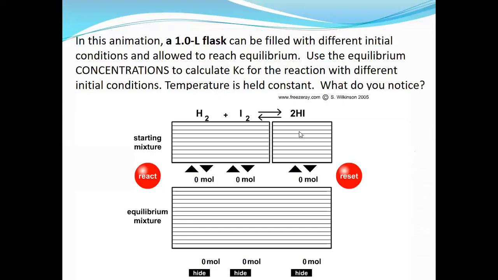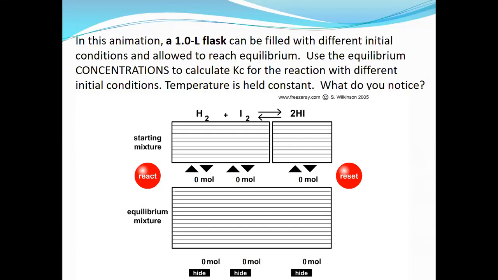So in this next slide, we have a 1 liter flask. Okay, you're going to want to note that for yourself. And we're going to fill the 1 liter flask with different concentrations of hydrogen, iodine, and HI. Okay, through this animation that you're going to see on the screen, we're going to let the reaction go and reach equilibrium.